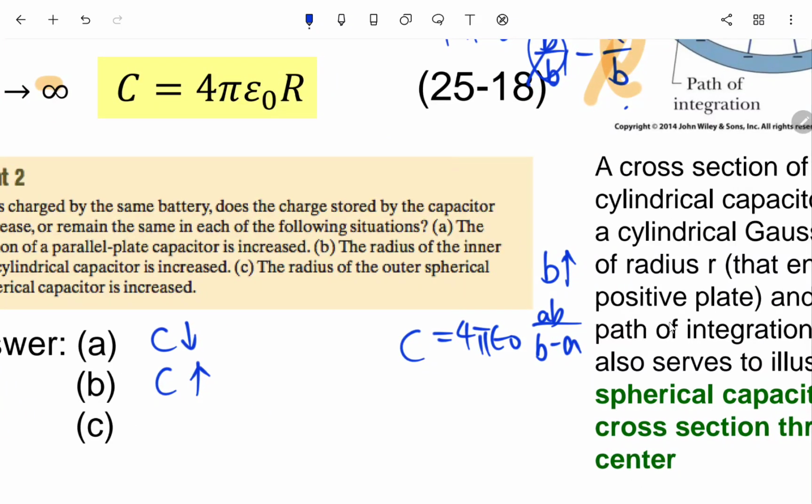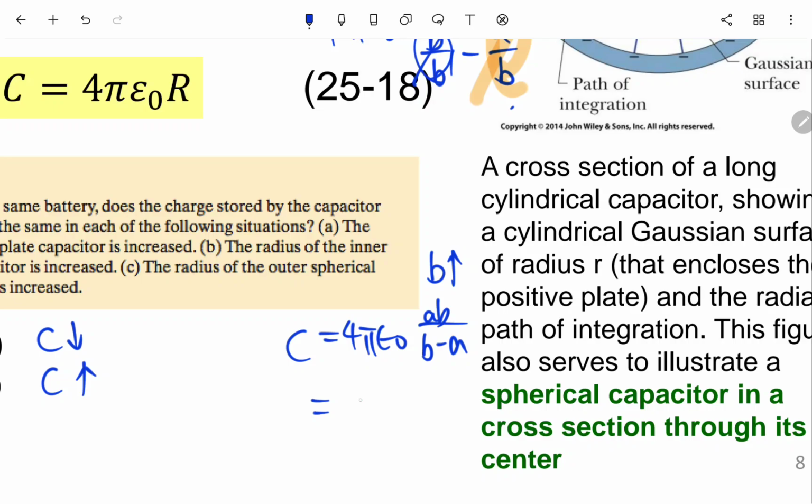If we just look at this, it is not easy to determine because B appears both here and here. This increases, it will decrease, this will increase, this will decrease. So it is not easy to determine.